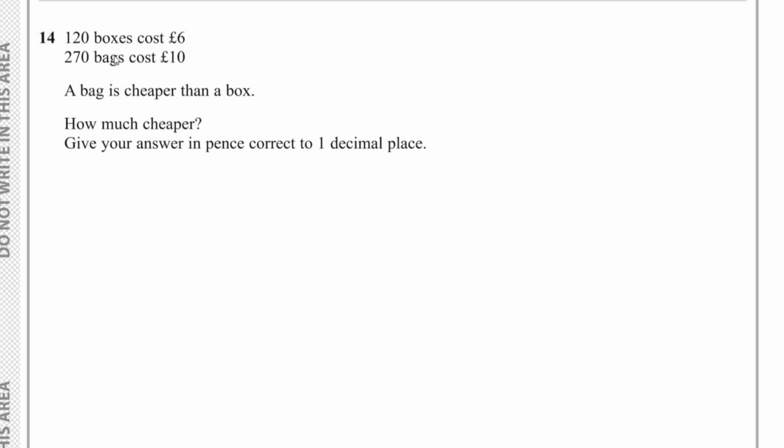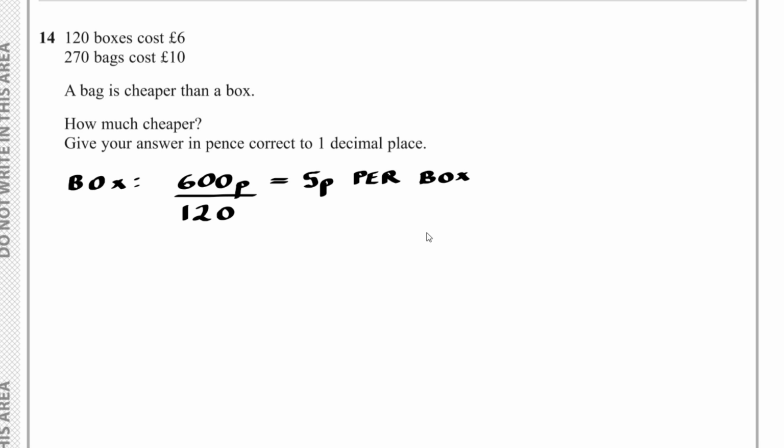Question number 14. 120 boxes cost £6, 270 bags cost £10. A bag is cheaper than a box. How much cheaper? Give your answer in pence to one decimal place. Well, let's take a look at the box. £6 is the same as 600 pence, and to find out how much it costs per box, I need to divide this by 120, which means I have 5 pence per box.